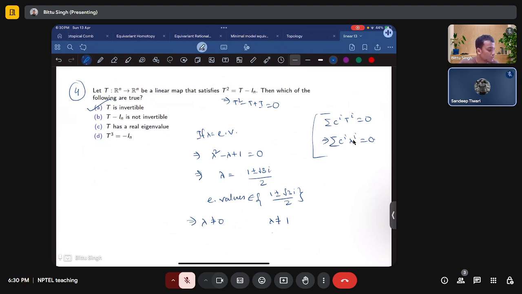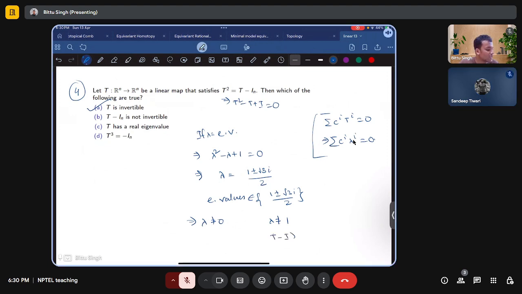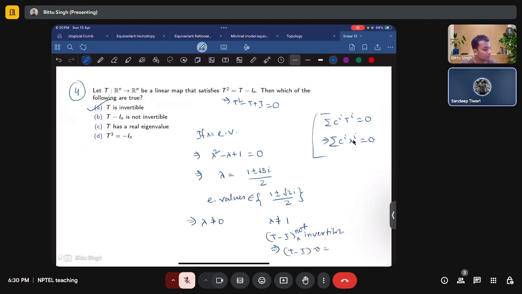So if we assume T minus I is invertible, then what is the conclusion? Sorry, if we assume T minus I is not invertible, that will imply zero is an eigenvalue of this.